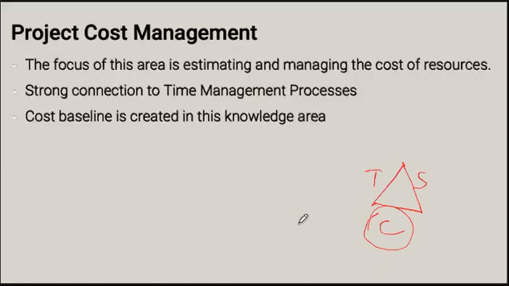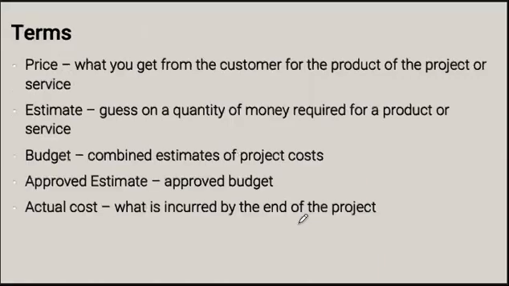So we need to understand the basic terms, I suppose. So price is what you get from the customer for the product or project or service. The estimate is a guess of the quantity of money required to deliver that product or service. So that's the estimate. Budget is the combination of estimates that were made for the delivery of the product or service.